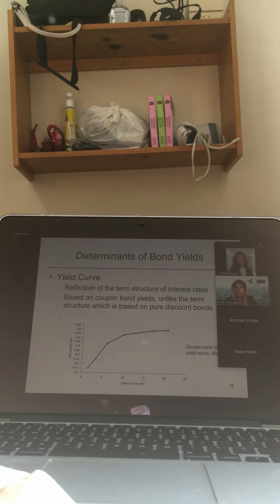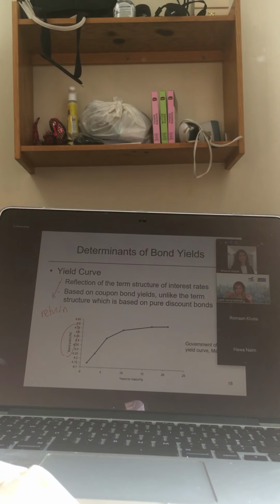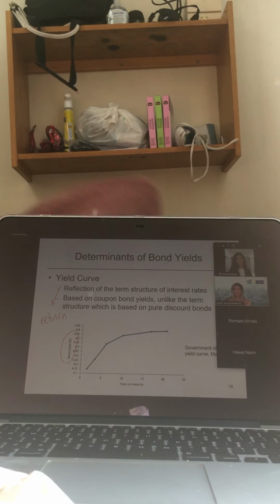Now, we talked about bond yield. This is a yield curve example, yield in finance meaning return. So when I say yield curve, that means I'm giving you the return on the y-axis, and on the x-axis, I'm giving you years to maturity. As you can see, if you are locking your money for a longer period, you should expect larger interest, right?